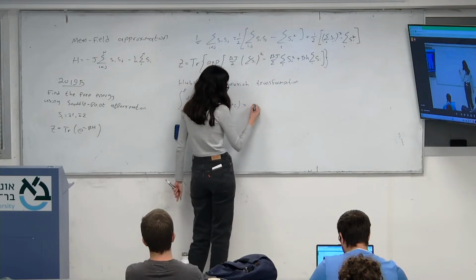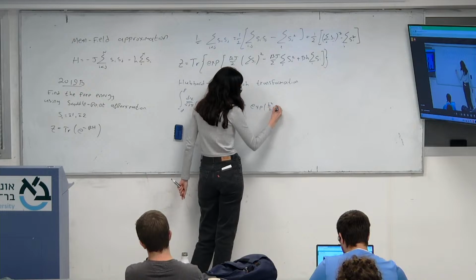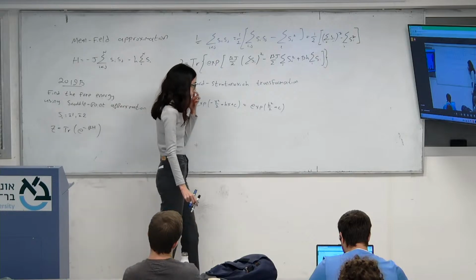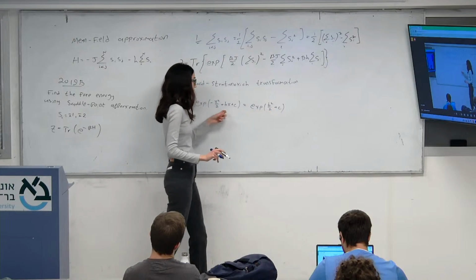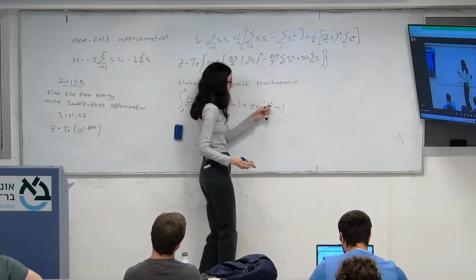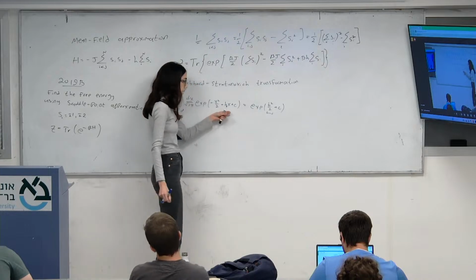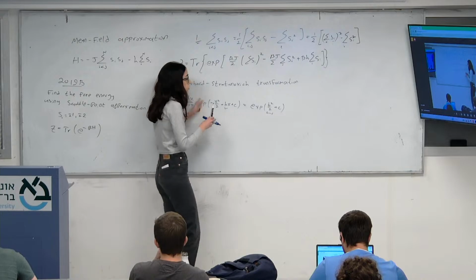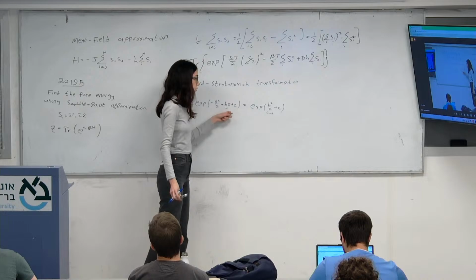This is equal to an exponent of b squared over 2 plus c. This is just a Gaussian integral. If we look at the right hand side versus the left hand side, we see that on the right we have something that goes like b squared inside the exponent, and on the left something that goes linearly with b in the exponent. I also have the integration here, which makes it a bit more complicated, but still I get something that's linear.